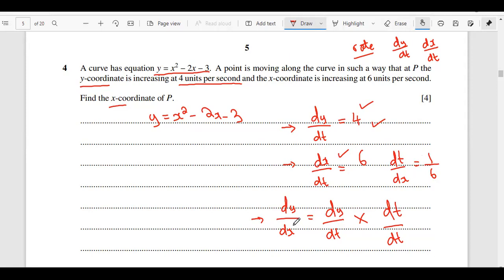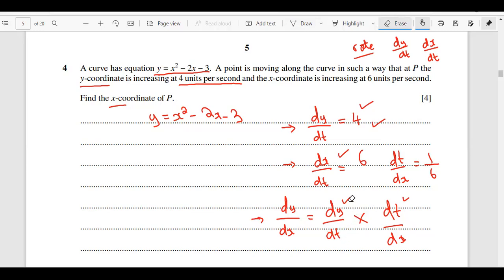We can calculate dy by dx by taking the product of these two rates. If I cancel dt and dt, I would get dy by dx. But never think about it this way. It's just for your understanding; otherwise we call it the chain rule.